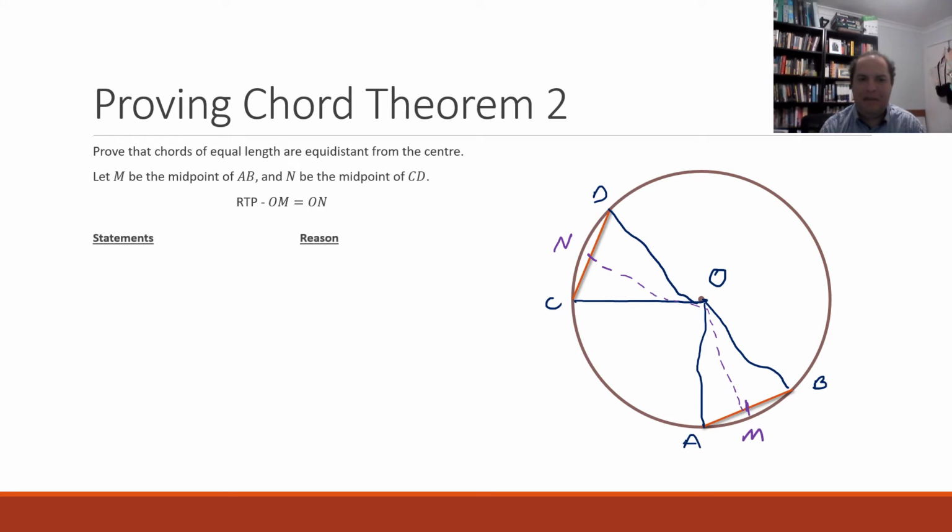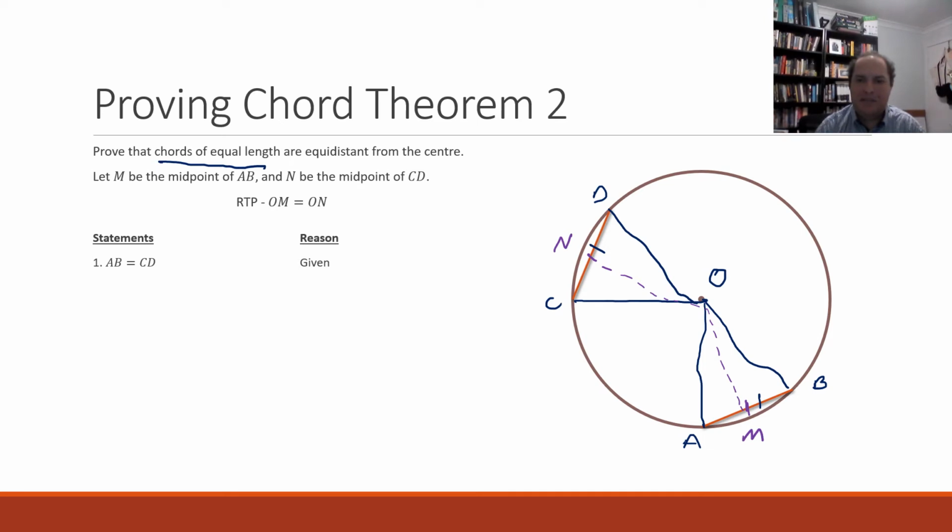So setting up our table, we've got our statements and our reasons. First of all, we can say that CD and AB are the same length. We know that because that information was given to us at the start of our problem. Our chords were of equal length.